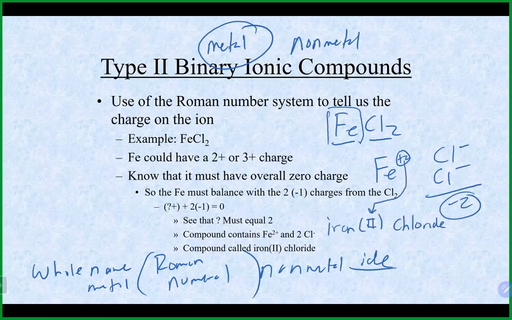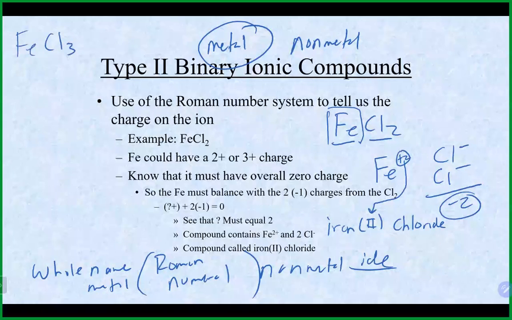Once again, it doesn't matter how many of those chlorines we have, we're still not going to use any type of prefix. We have to do that because if we had something like this, FeCl3, we would have the iron, but in this case, we have 3 of the chlorides.